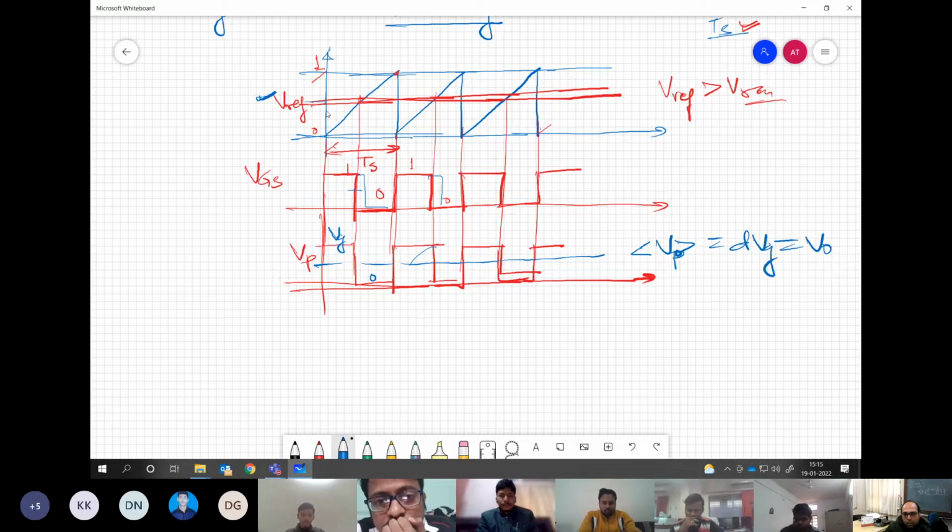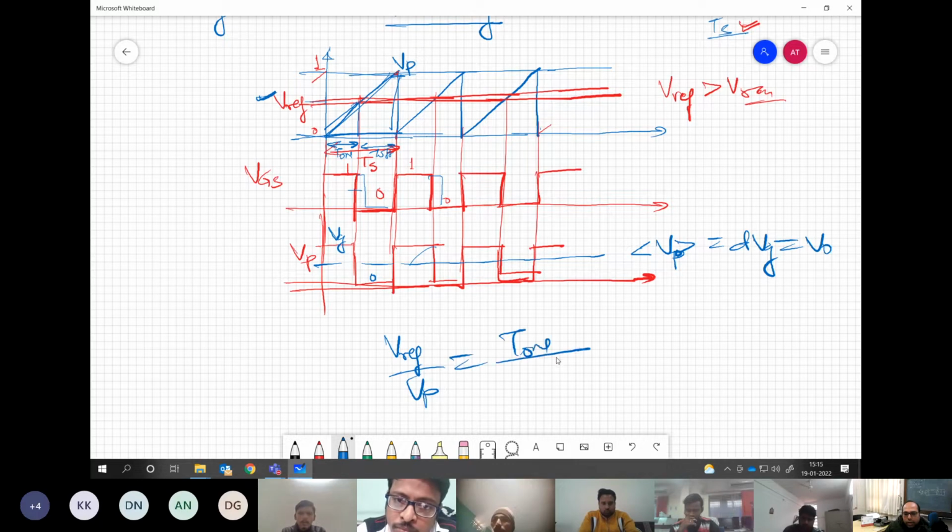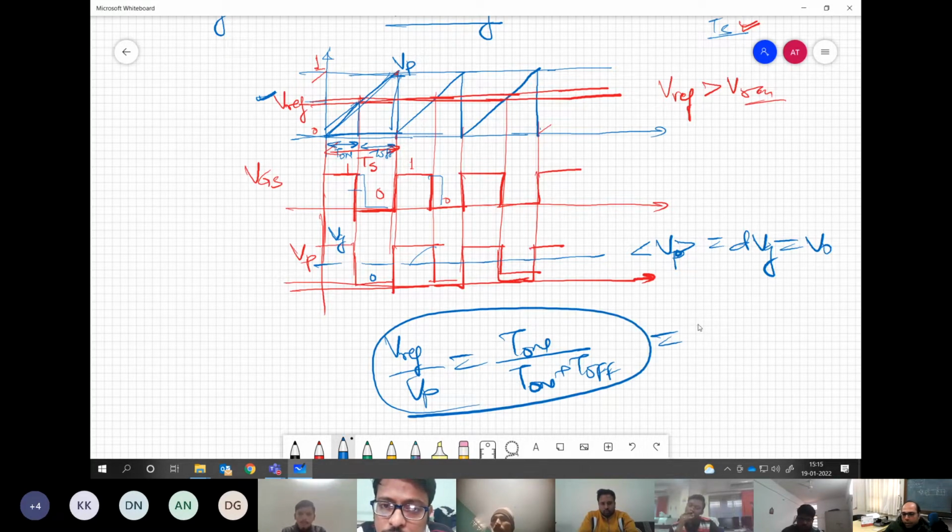Let us say this is my T on duration, this is T off duration. If you use the similar triangle principle, say this is V peak, then definitely Vref by V peak is related to the time period like this. Or we can say that Vref is basically equal to T on by Ts, which is D, since generally we keep Vp equal to 1.